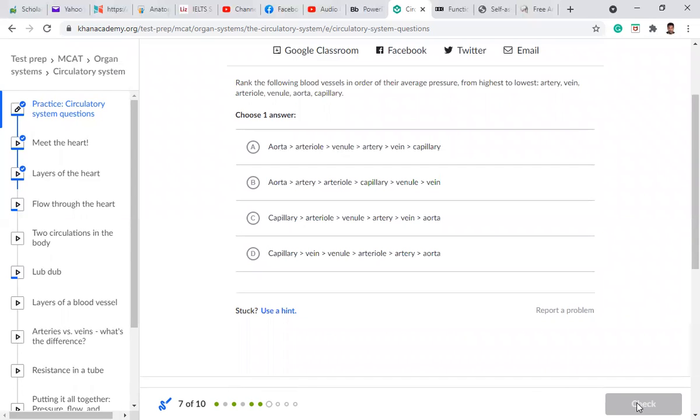Rank the following blood vessels in order of their average pressure from highest to lowest: artery, vein, arteriole, venule, aorta, capillary. So which one has the highest pressure?